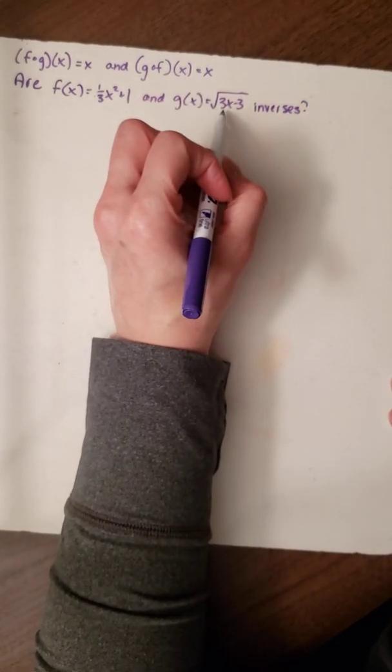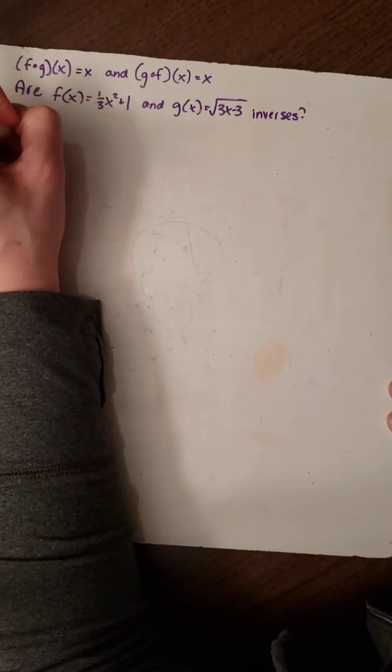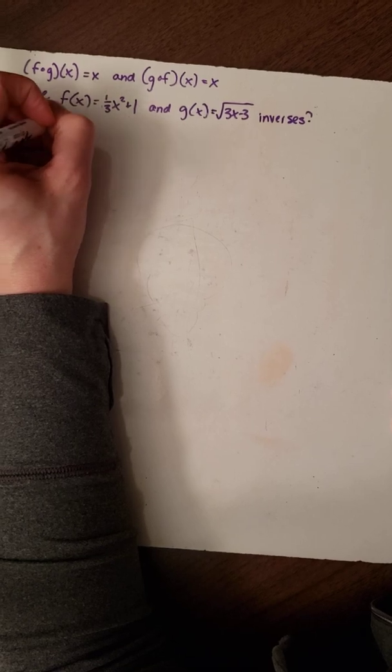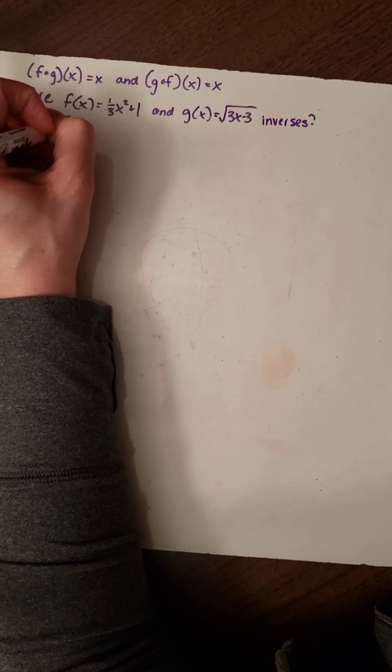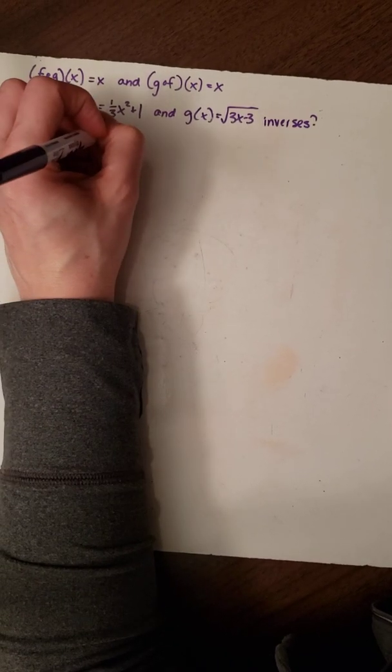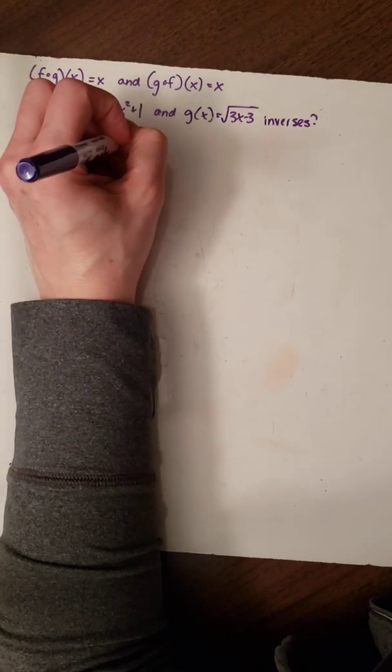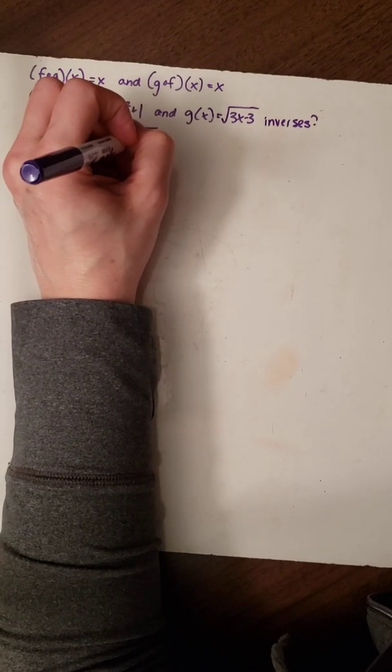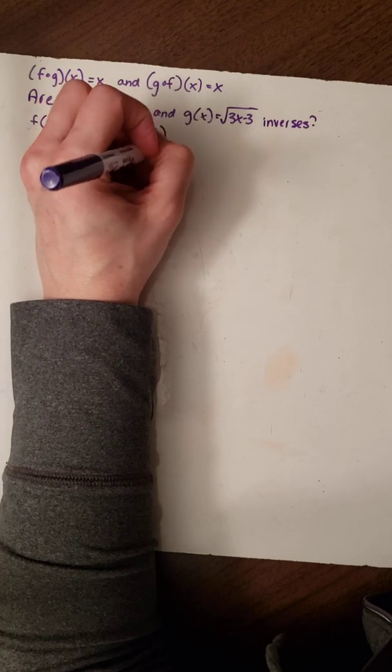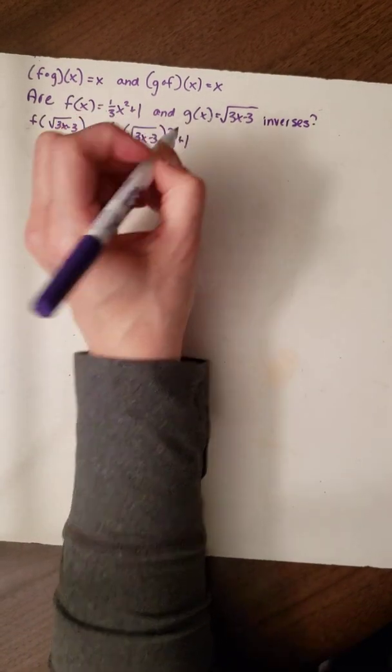Are those 2 inverses? Well, let's see. Let's take g of x and plug it into f. f of the square root of 3x minus 3. So 1/3 times (the square root of 3x minus 3) quantity squared plus 1.